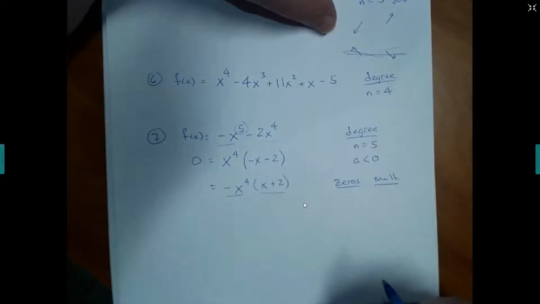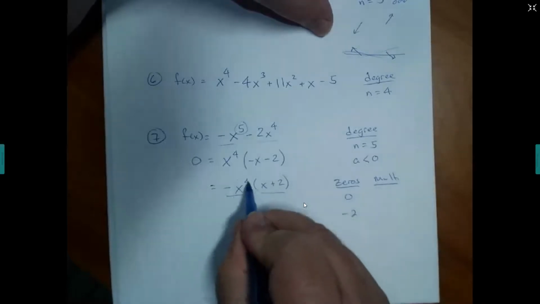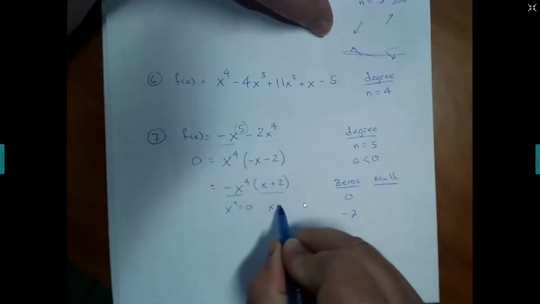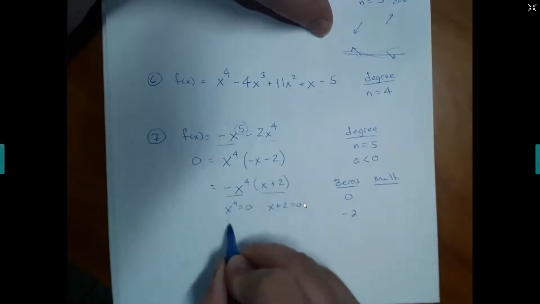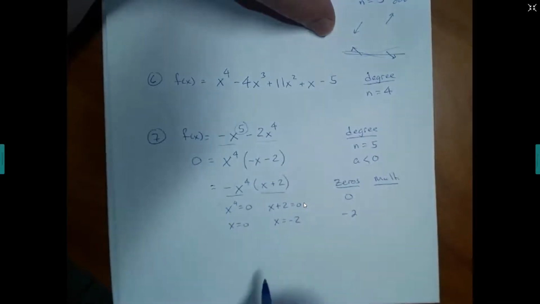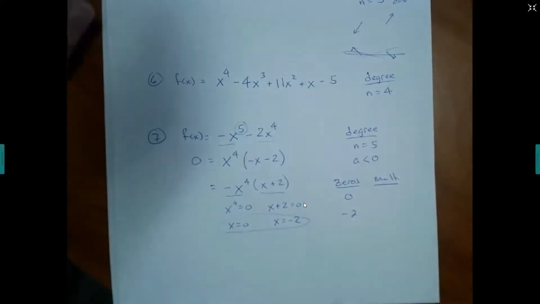So what are my zeros? 0 and -2. Anywhere I see an x, I set that equal to 0, and I solve for x. There are my 2 zeros.